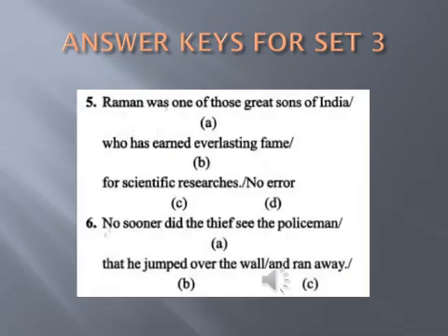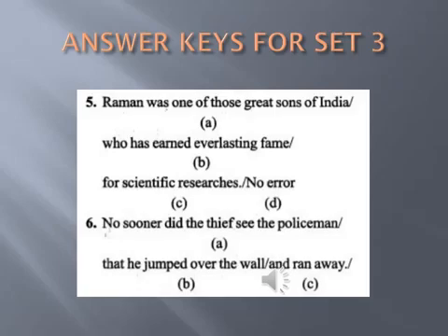Let's go to question number 5 and find out its answer. Raman was one of those great sons of India who has earned everlasting fame for scientific researches. You know that the answer is B. Why is the answer B? Who has earned? Raman has earned. But remember that here, when we are using who, you have to go back to sons of India. One of those great sons of India.